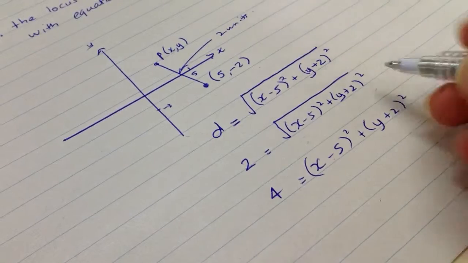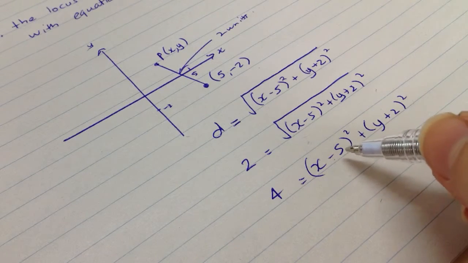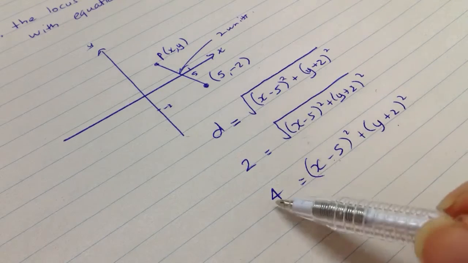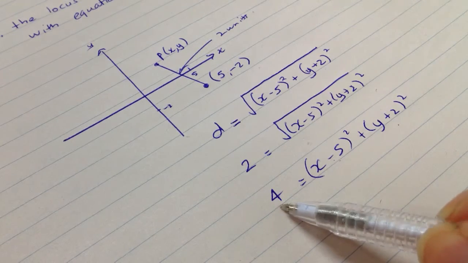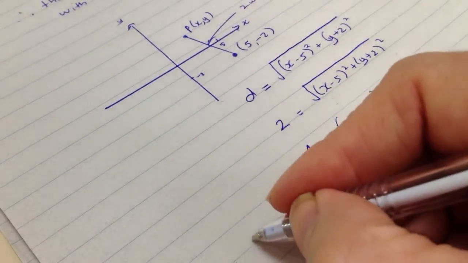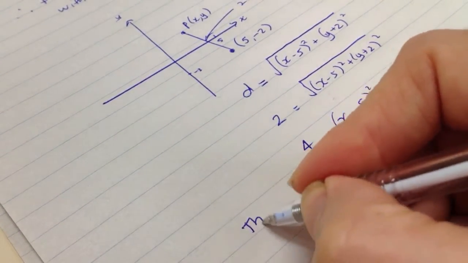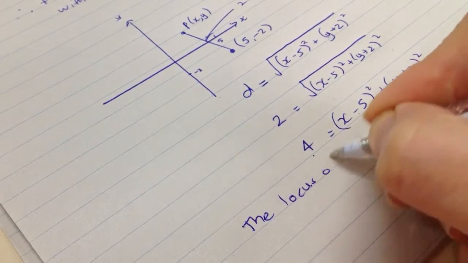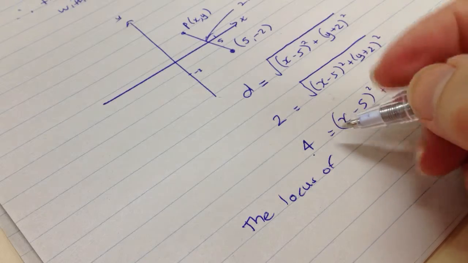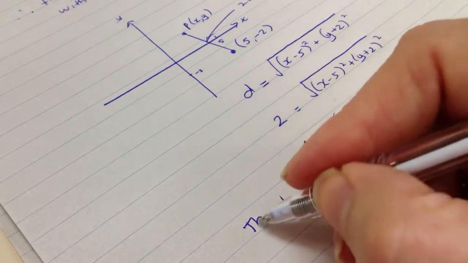And as you can see, that's a circle with centre (5, -2) and a radius of 2. They wanted to know the equation of the locus, so I'm just going to start that again.